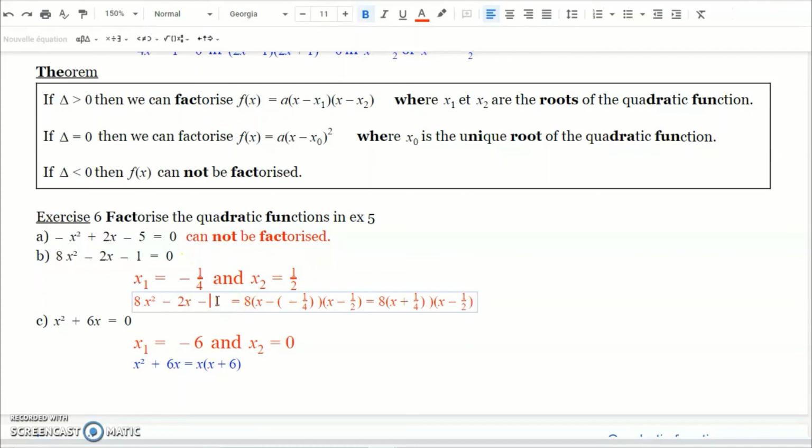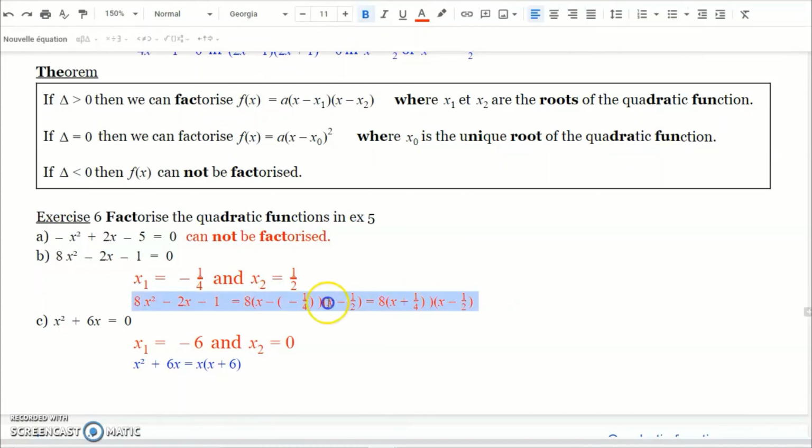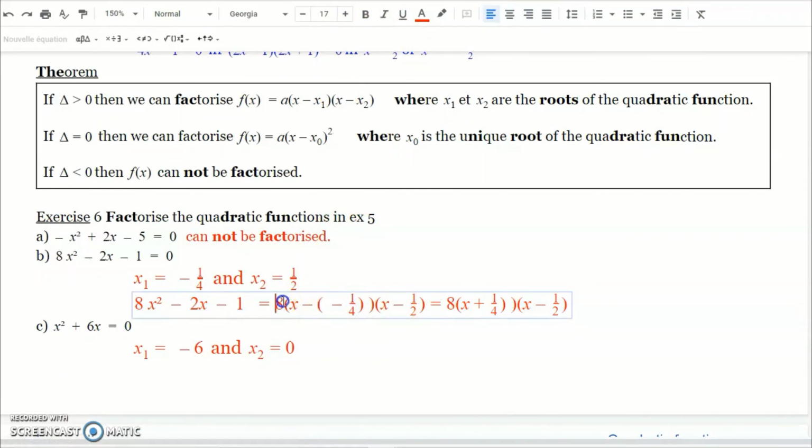So we can factorize by 8, this is a, times x minus x1 times x minus x2. We can simplify this by 8 times x plus 1/4 times x minus 1/2.